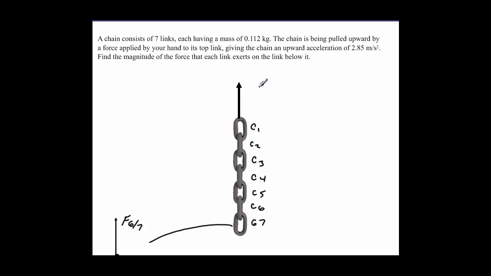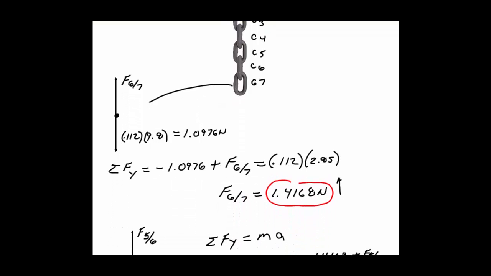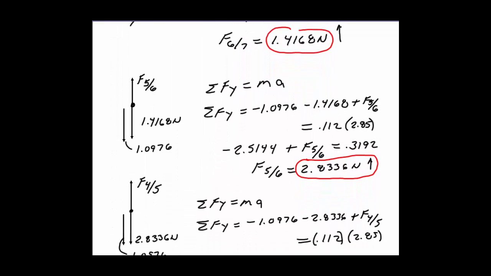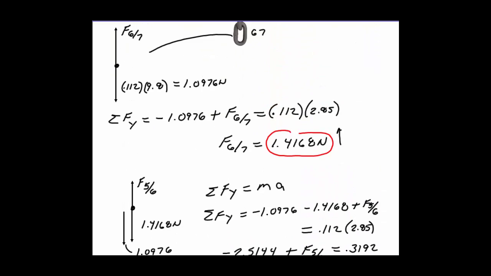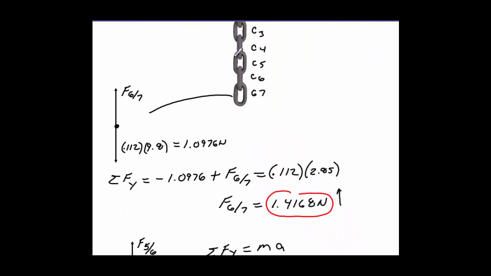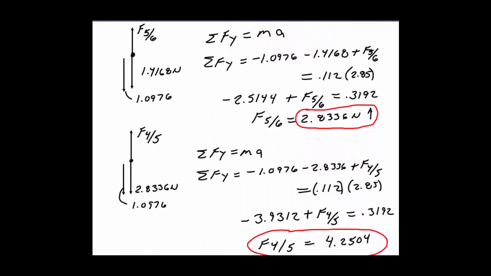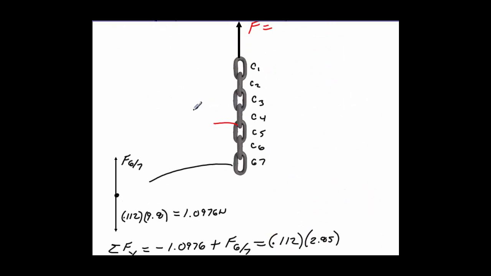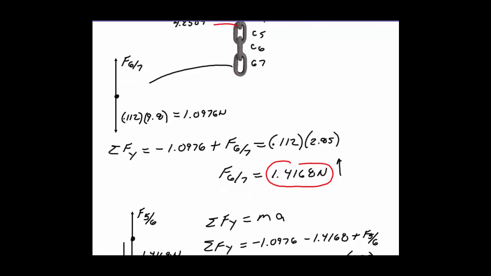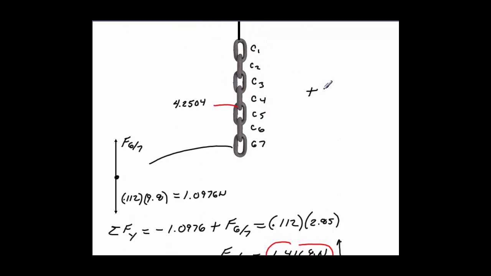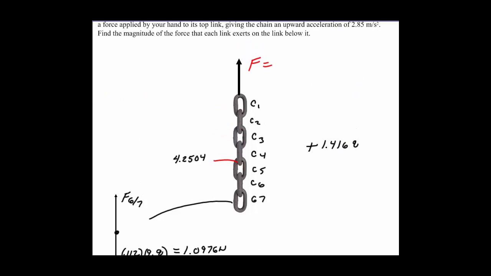So now if you want to find out what this force would be here, we can do that very quickly by looking at what's taking place. At this joint right here, 4/5, we get 4.2504, and we're increasing each time by 1.4168. So all I need to do now is see how many links I'm going to jump up.